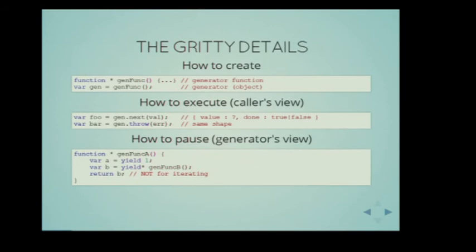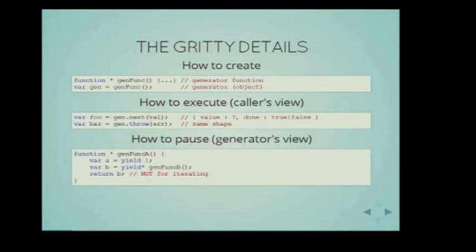This is all the syntax you need to use generators. There's 3 parts to it, basically. The first part is generator functions themselves, and you can see there's the function star syntax up there, function star genfunc, and that star just indicates that it's a generator function, not a normal function.